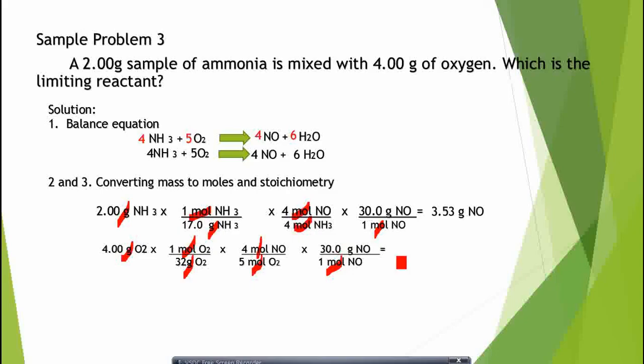So we have 4 times 1 divided by 32 times 4 divided by 5 times 30 divided by 1 equals 3 grams of nitrogen oxide. Thus, oxygen gas is the limiting reactant.